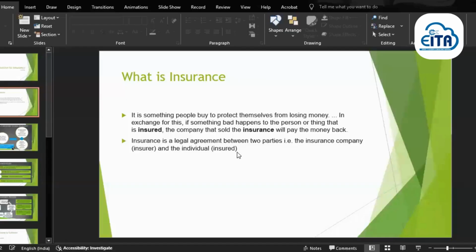So basically, before we learn about the Policy Center, let's learn about what is insurance, because Guidewire is a tool which is used to provide the insurance, right? So in order to understand, first we should know the basics of insurance. Then only we should learn about the Guidewire, right?